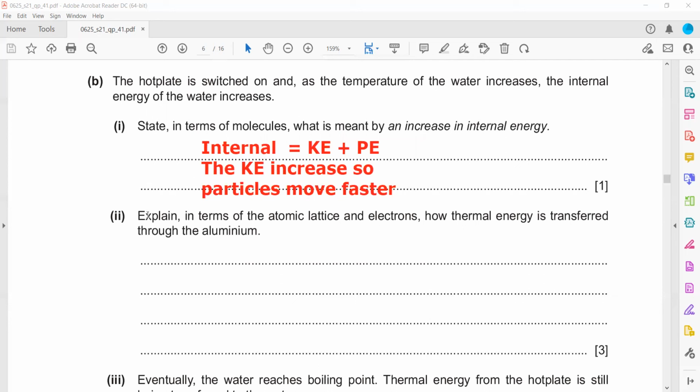And explain in terms of atomic lattice and electrons how the thermal energy is transferred through aluminum. So you have to explain the method of conduction.